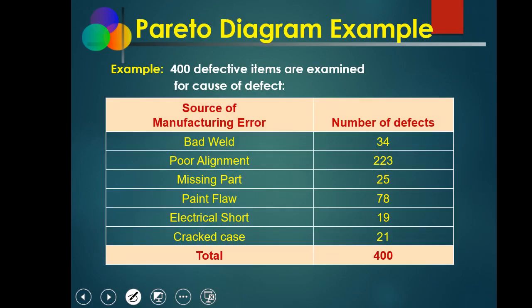Now let's see an example related to the Pareto diagram. We have 400 defective items, an example for the causes of defects, and there are different types of defects in manufacturing.